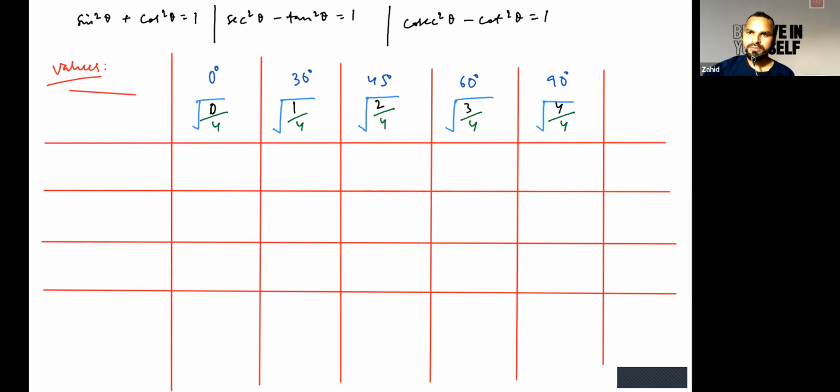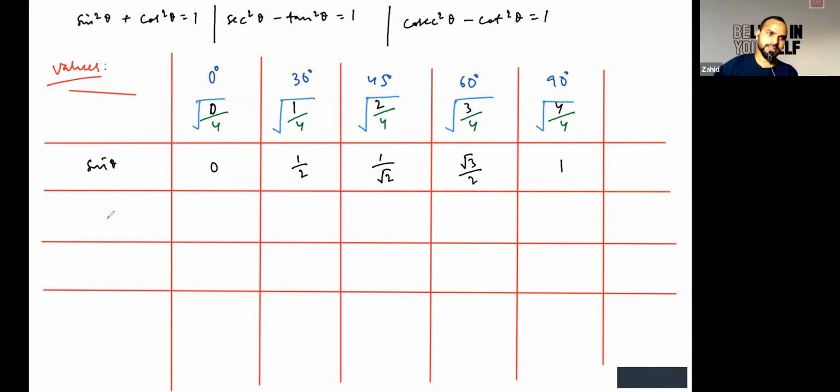So this will define the value of sine theta. 0 divided by 4 is nothing but 0. So sine of 0 will be 0. 1 upon 4 square root will be 1 over 2. Then 1 over root 2, root 3 by 2, and then it will be 1.